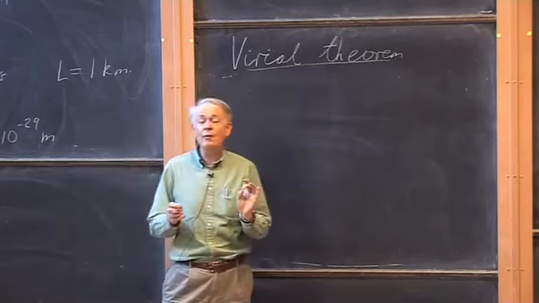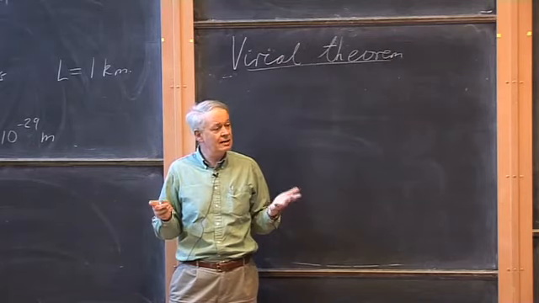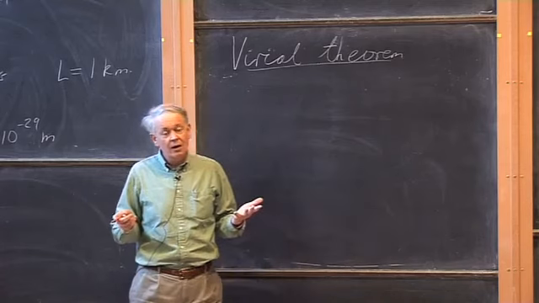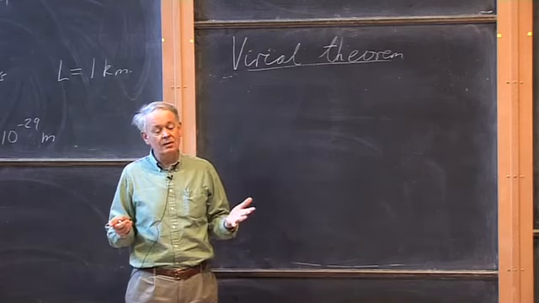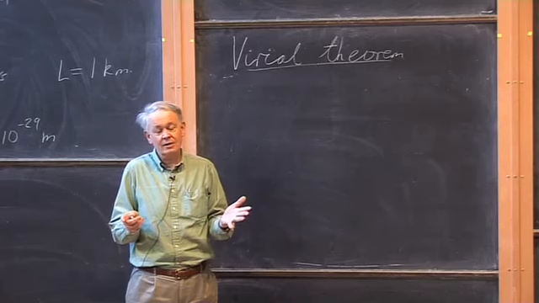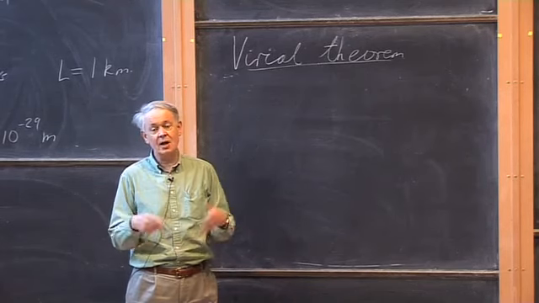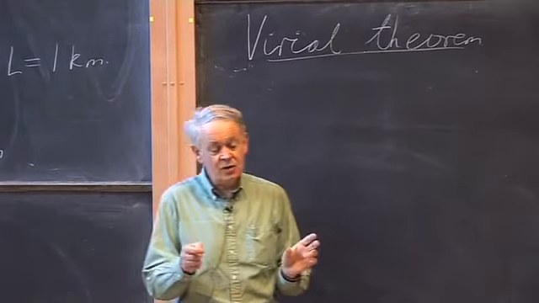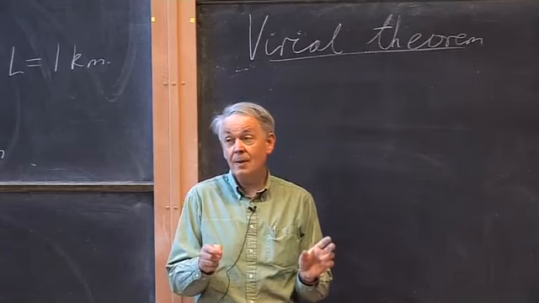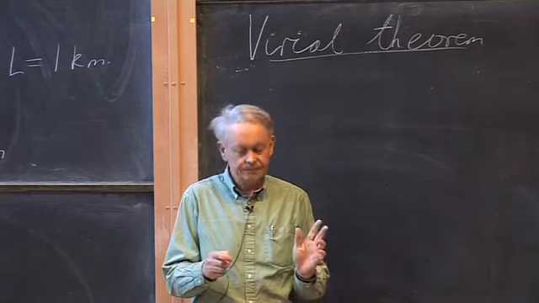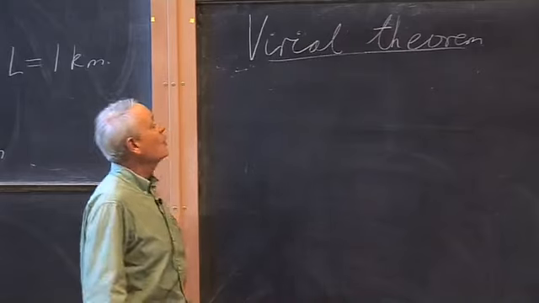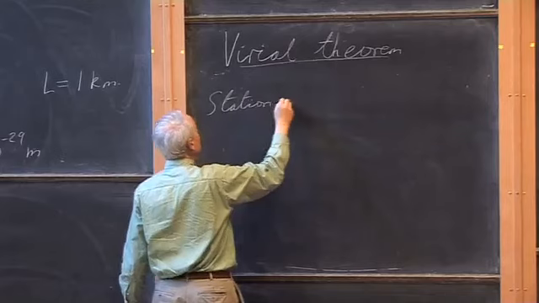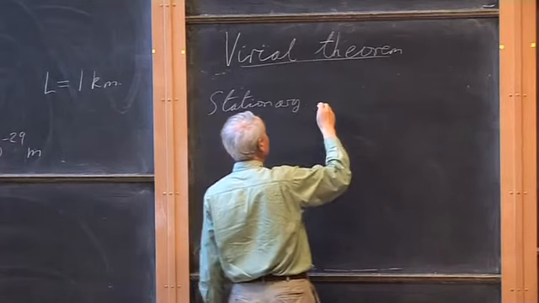Do you recall, if we are in a stationary state, that is to say a state in which the result of measuring energy is certain, then all expectation values for such a state are constants. That's why we call it a stationary state. It's going nowhere. So every expectation value for a stationary state, for a state of well-defined energy, is independent of time. So we want to exploit that result. This is just recalling what we already had. It was a consequence of Ehrenfest's theorem.